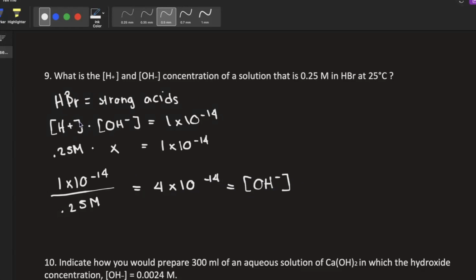Since we know that the stoichiometry is 1-to-1, then we can also deduce that the hydroxide ion concentration is going to be equal to 0.25 molar. Oh, sorry, that's wrong. Ignore that. So we know that the hydroxide ion concentration is going to be 4 times 10 to the negative 14th.